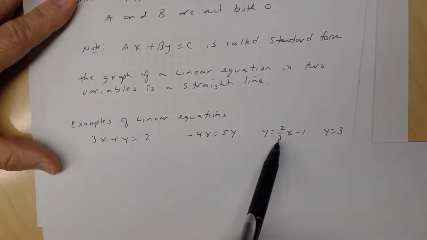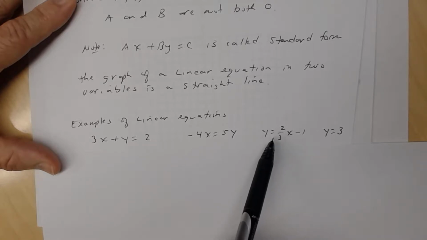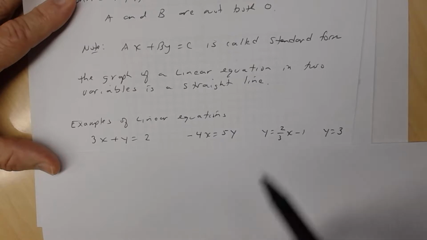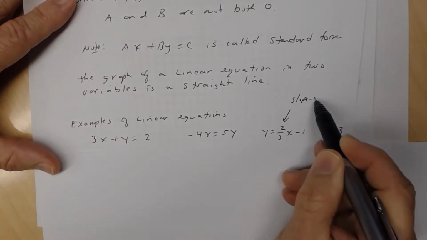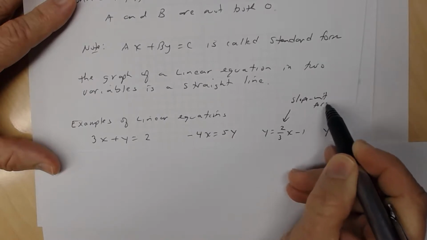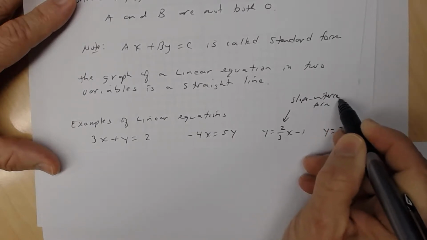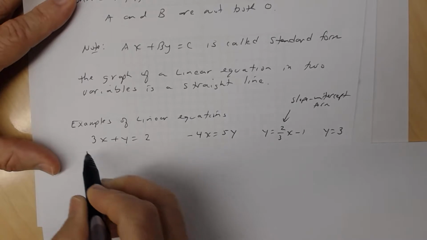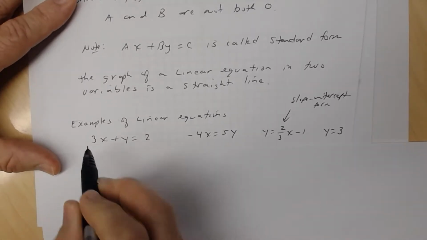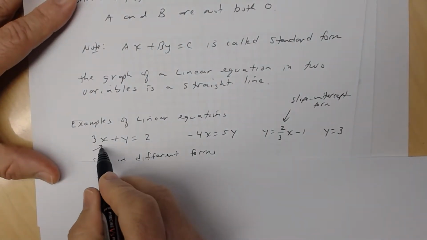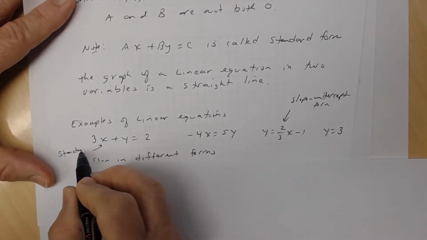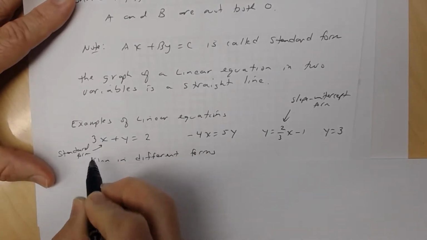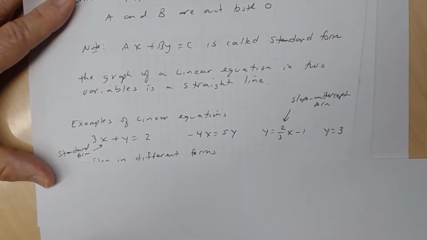Now, in the next lesson, you're going to see that this linear equation, y equals 2/3 x minus 1, is in slope-intercept form. This right here is the only one that's in standard form. All right, and these don't have any special names.